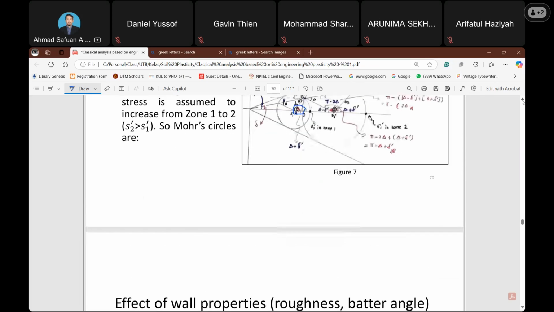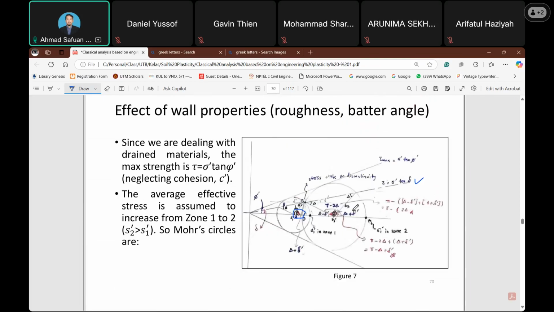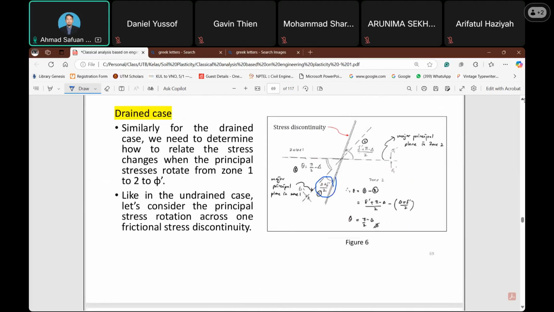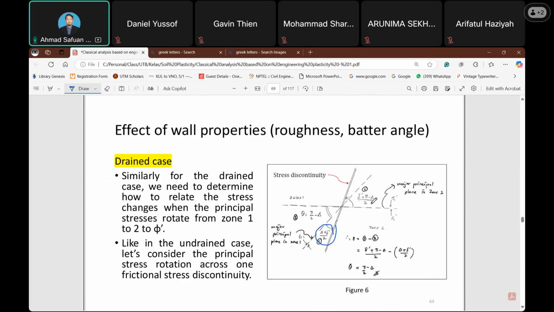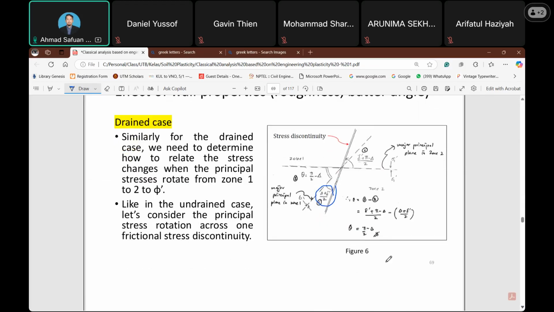So then we look at this angle. It is pi minus delta plus delta in the Mohr circle. So in actual it is delta plus pi minus delta over 2. Then later on we can get the theta value.